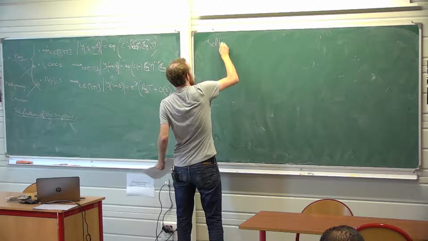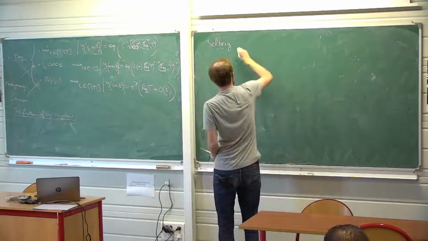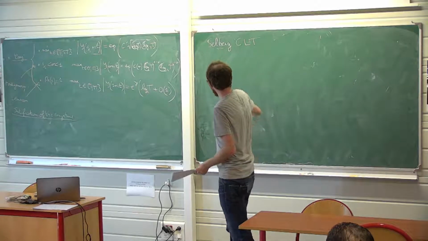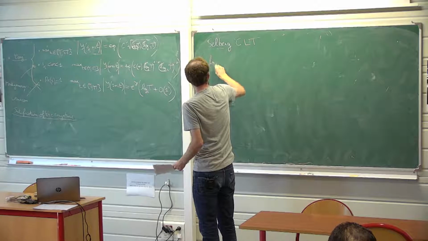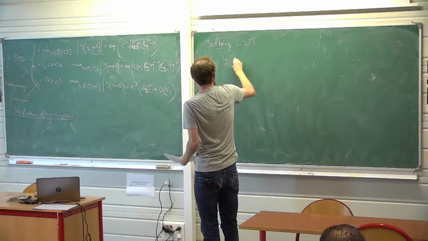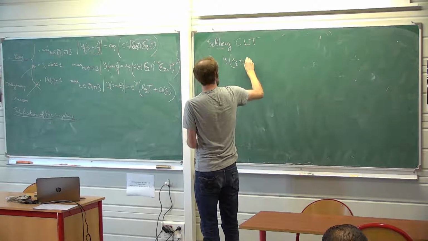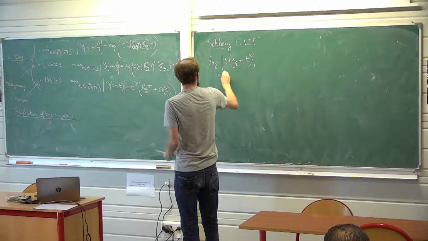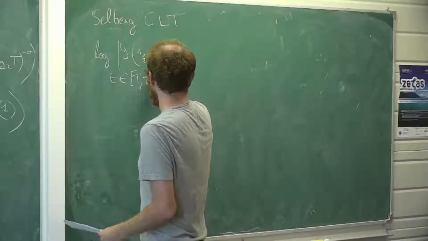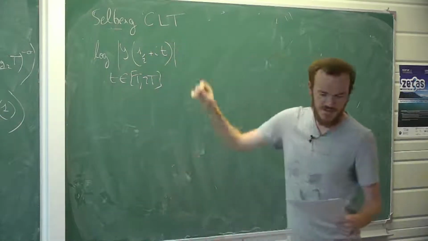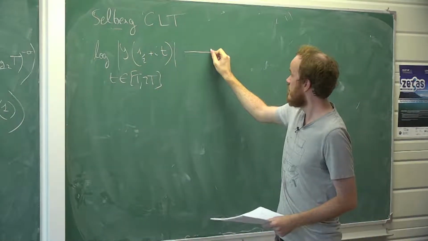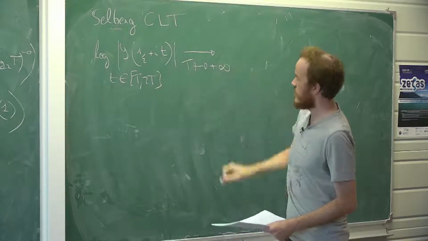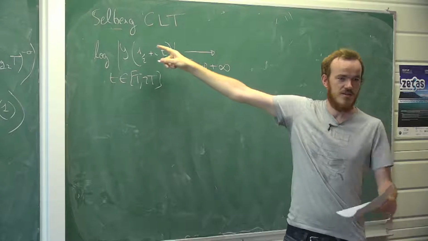So there is an old, very beautiful theorem of Selberg, which says that if I look in a d-adic interval and I make big T go to infinity, actually we know very precisely, when T gets big, how these values distribute.